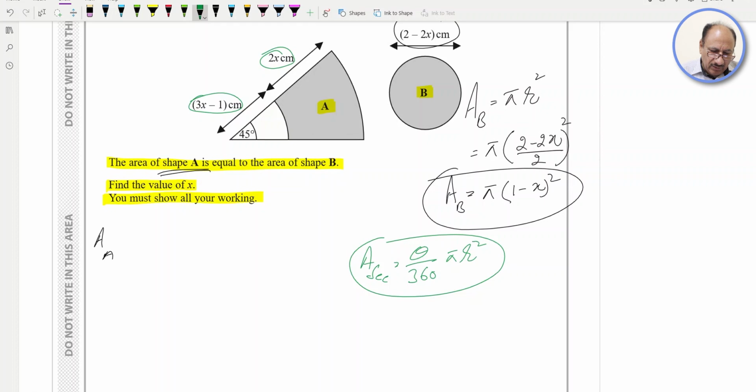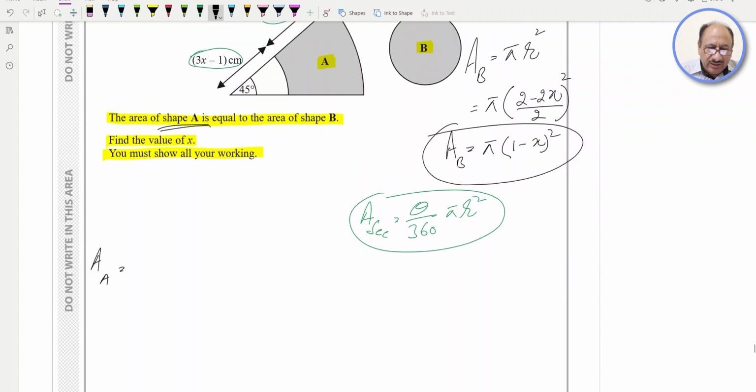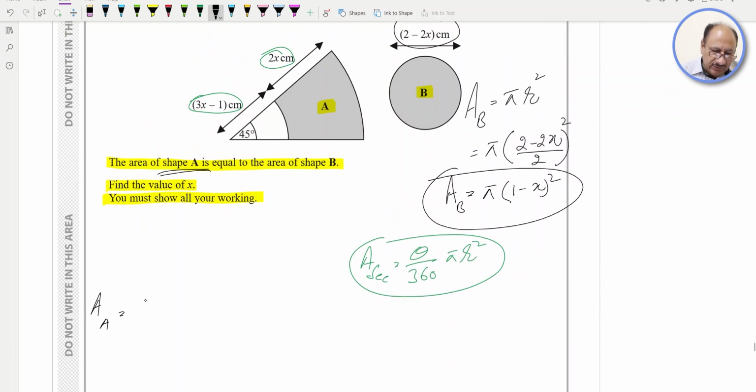So area of sector A will be equal to what? If we rewrite this, area of A is the area of the shaded portion, basically the bigger sector, which we can write as theta, which is 45 degrees, divided by 360 degrees into pi and r squared, and r is 3x minus 1 plus 2x, and this will be squared.